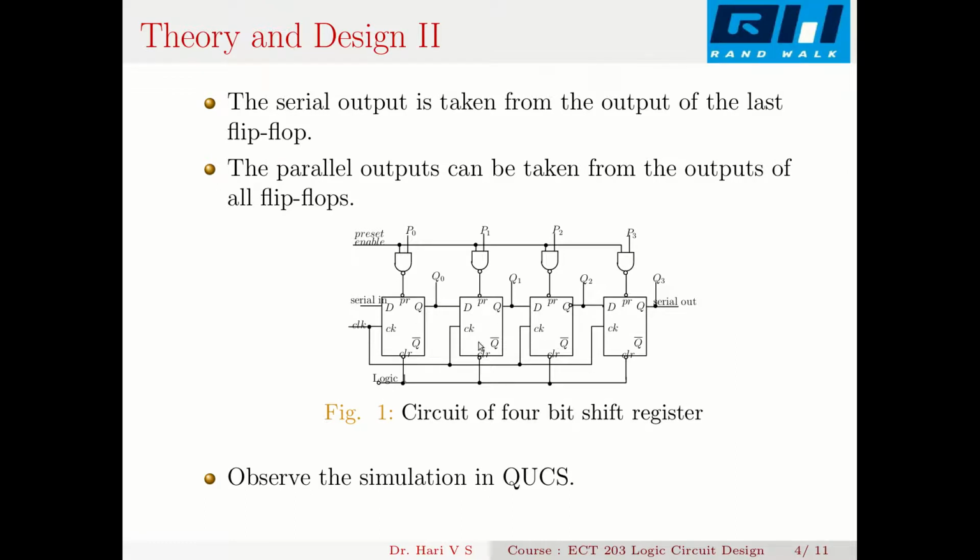You can use JK flip-flops, but you have to configure them as D. In that case, if it is a J and K input, you have to connect an inverter between J and K, and here Q should be connected to J and Q bar should be connected to K. That will make the second, third flip-flops, etc. D flip-flops. Anyway, you usually use D flip-flops. Even if you see circuit diagrams involving JK flip-flops, you can see that they are configured as D flip-flops.